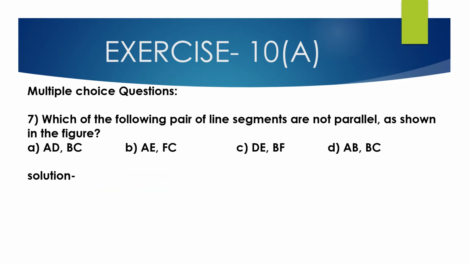Now we will solve question number 7, multiple choice questions. Which of the following pair of line segments are not parallel as shown in the figure? First we draw the given figure. This figure is given.